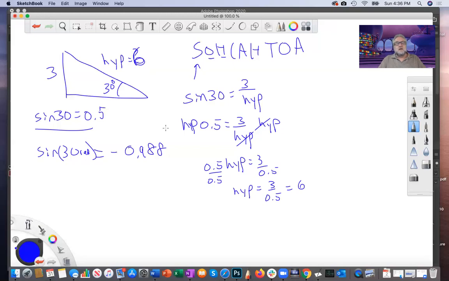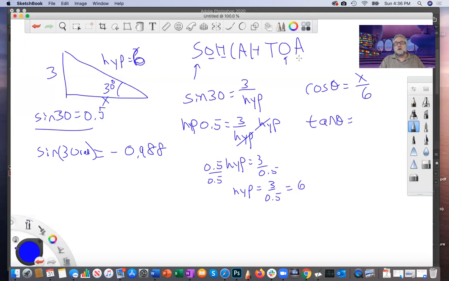Okay. Now, how do I find x, the adjacent side? Well, now there's 3 ways I can do it. Once you know 2 things, there's a lot of ways to find the third. I could do cosine theta, because that's adjacent, equals adjacent over hypotenuse. I could do tangent theta, because tangent theta is opposite over adjacent.